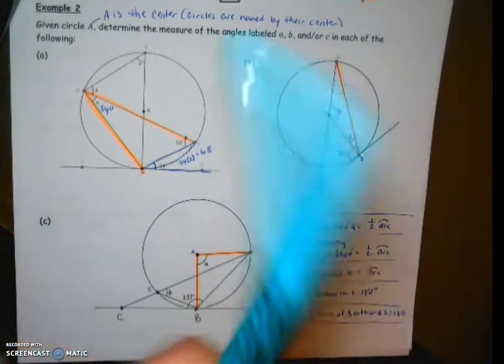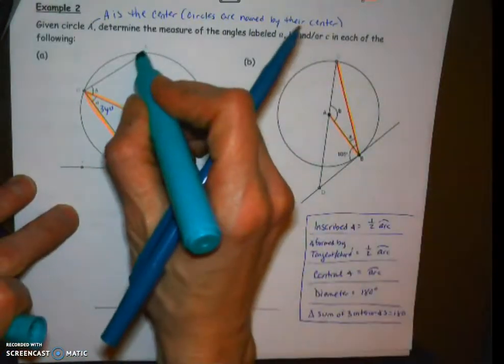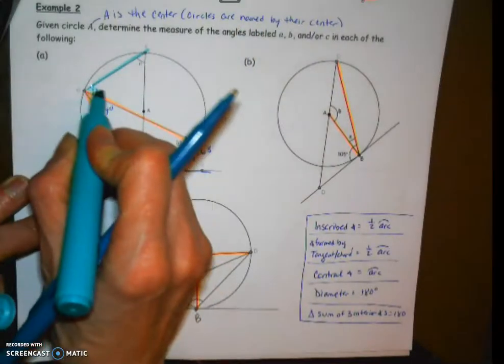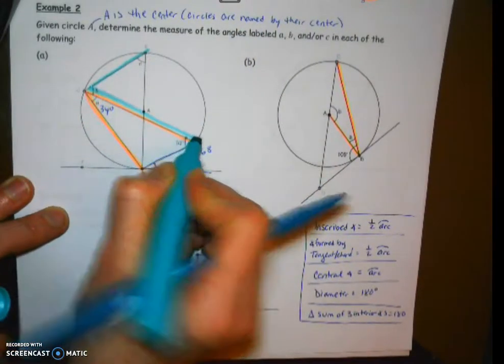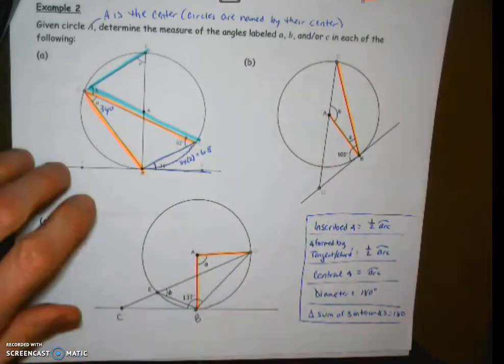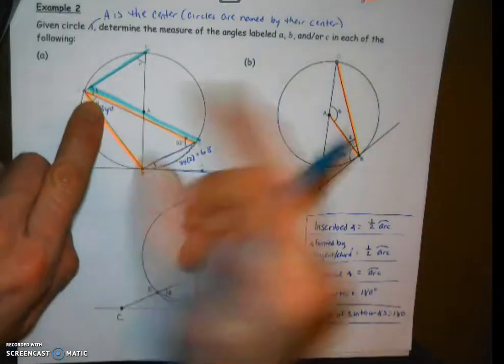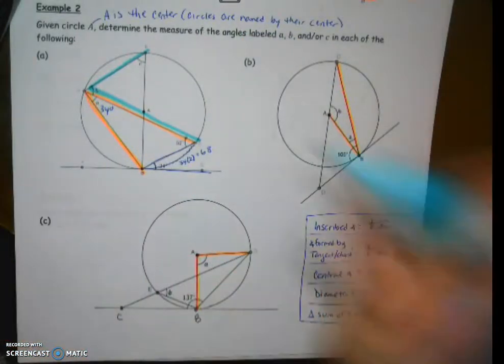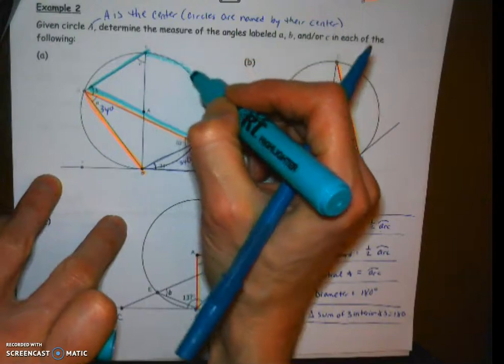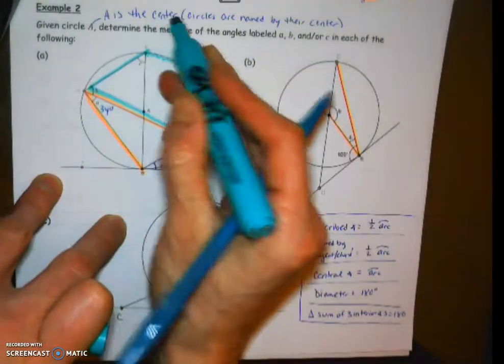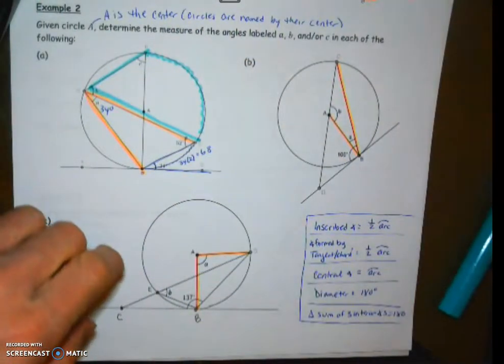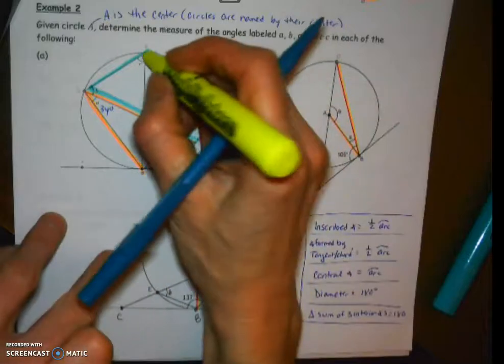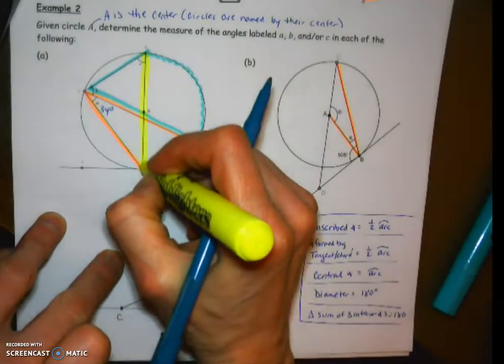Next, they said, find the measure of angle B. Well, angle B happens to be with the vertex on the circle, and the two sides are chords. That's also an inscribed angle. So it's going to be half of this intercepted arc, which is from C to E, which I don't have right now, but guess what? A is the center of the circle, which means that this line segment here is a diameter.